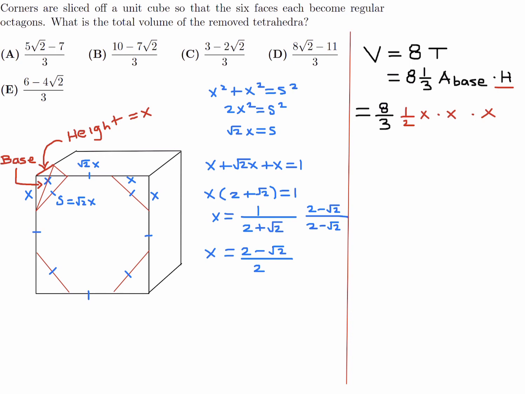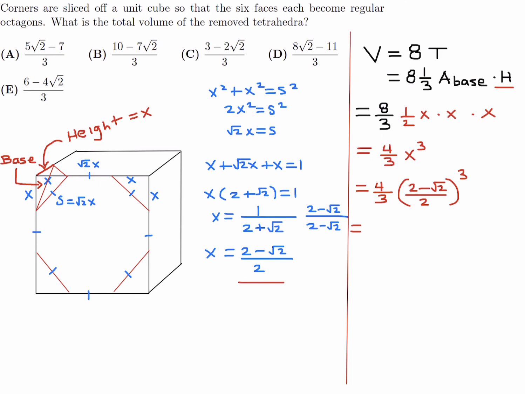So there you go. That's also x. So my volume is basically 8 over 3. Actually, I can combine that too. It'll just be 4/3 x cubed. Well, x is this, so here we go. Got to put in that big long value, 2 minus root 2 over 2, all cubed.